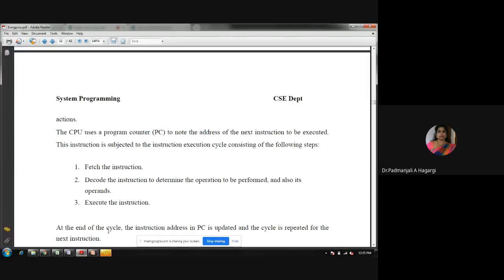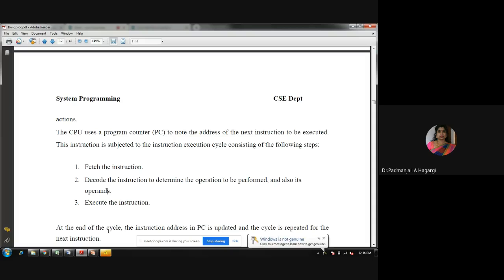So how does it fetch the instructions of all this program? If I use a low level language like assembly, it takes the mnemonic word, like add. Add, sub, mul have their own machine codes. Add is 01, sub is 02, multiplication is 03, load is 00, store is 01, something like this.